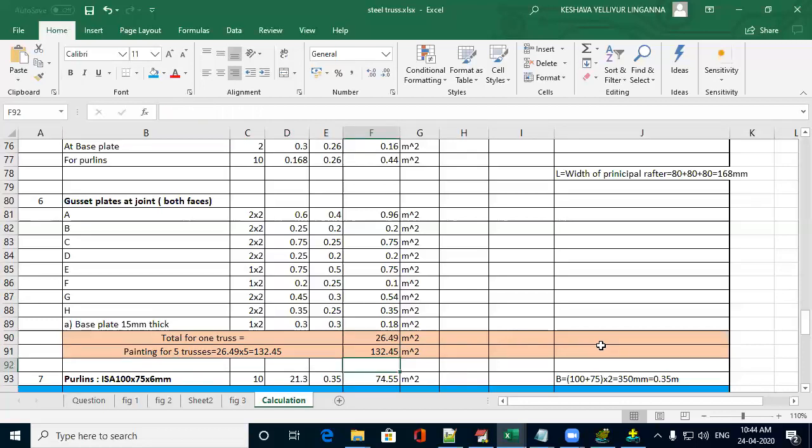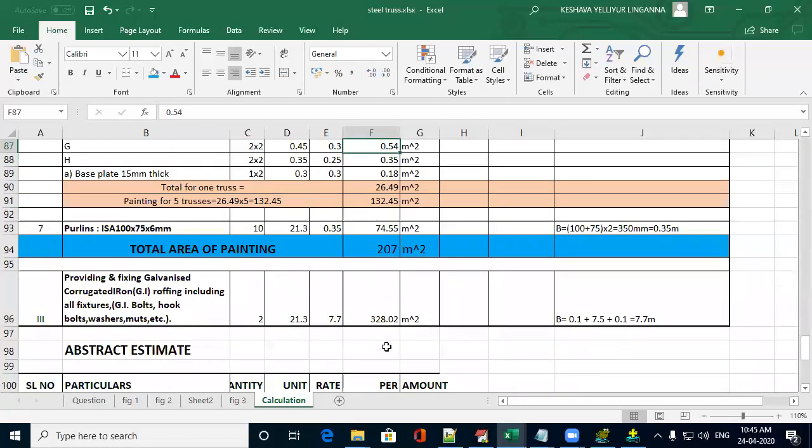Now you have to work out for the purlin. There will be 10 numbers and length is 21.3.